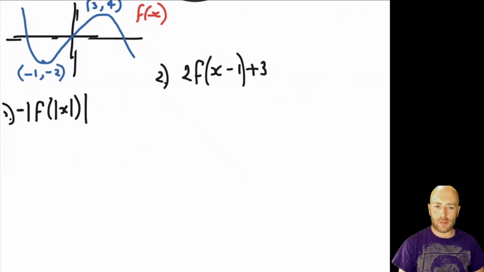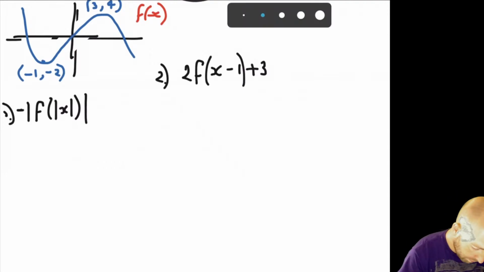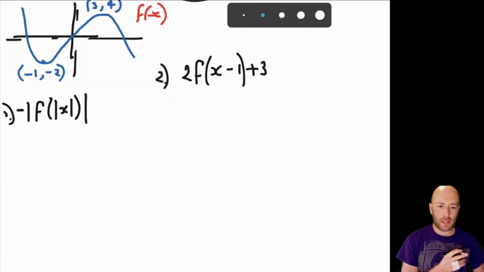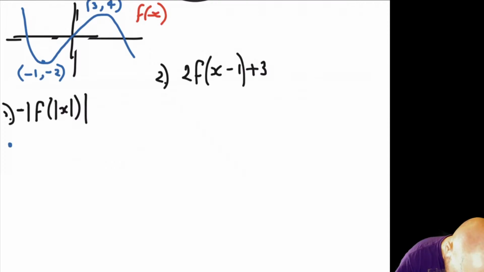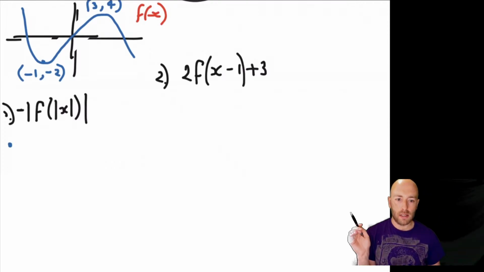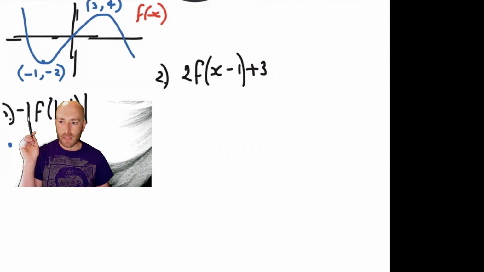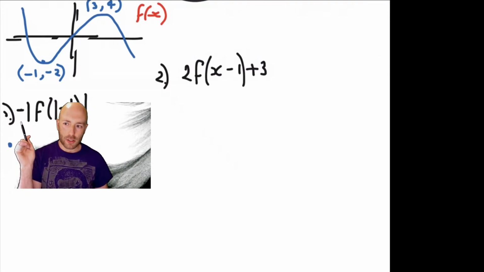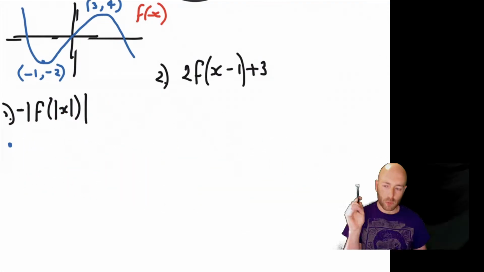Okay, so these are a bit more difficult. So first one, if you ever look at it and you think, I don't know how to do this, break it down into steps. So just make a list. What are the transformations? So in the first one here, we've got a minus sign out the front. So that's going to be a reflection that affects all the y coordinates.